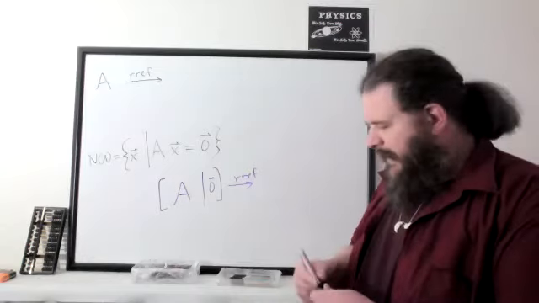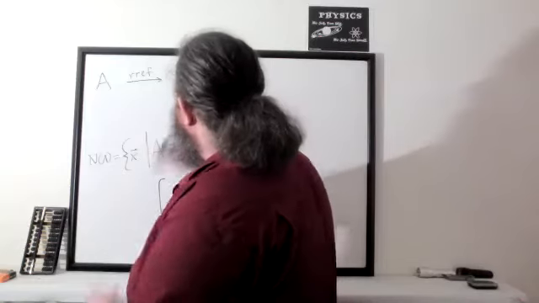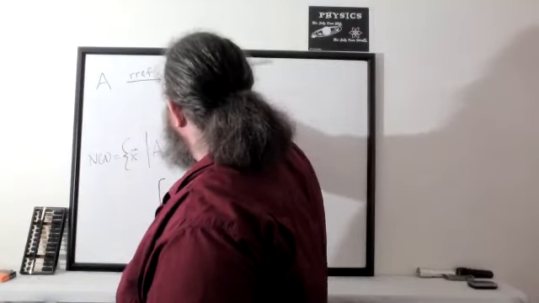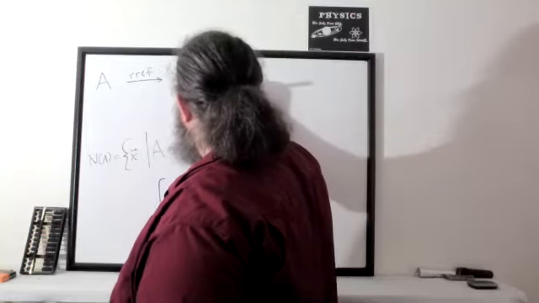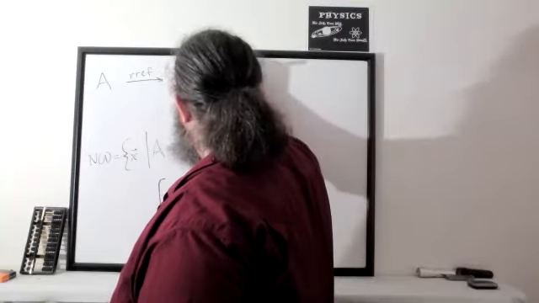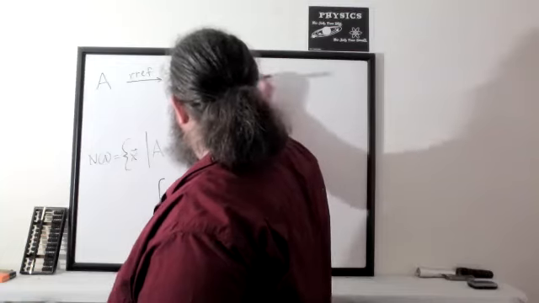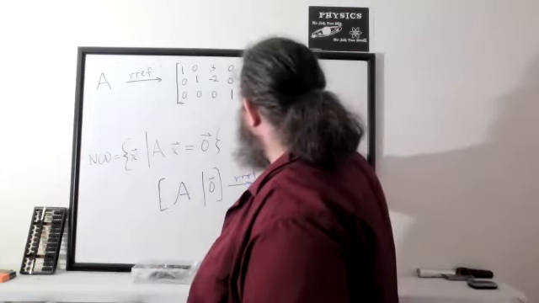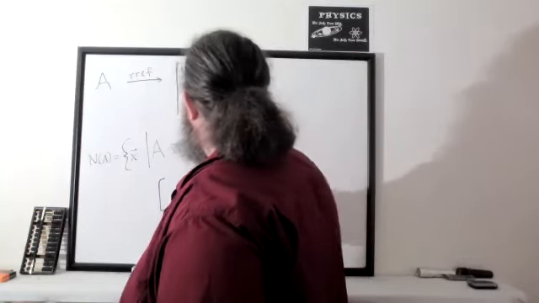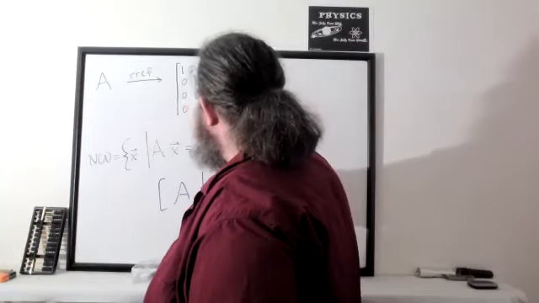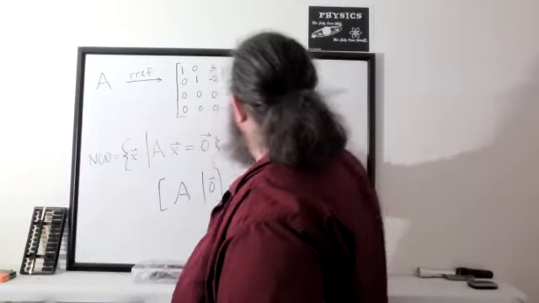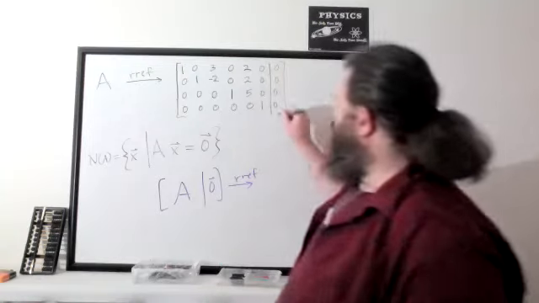So let's say you row reduce matrix A and you find that the result looks something like this.